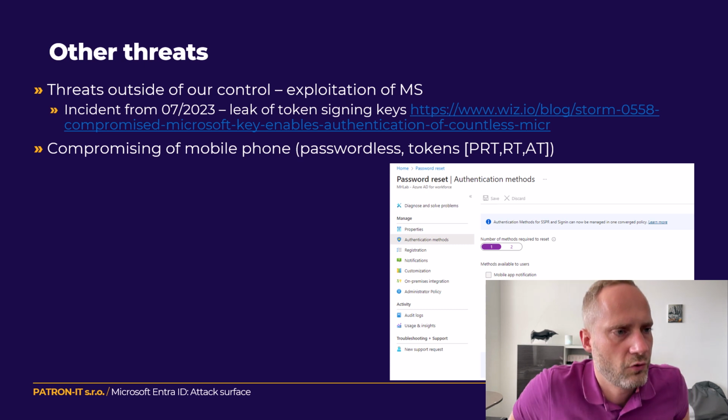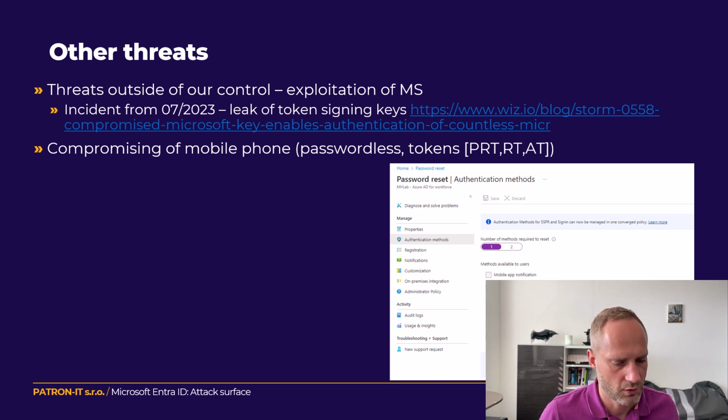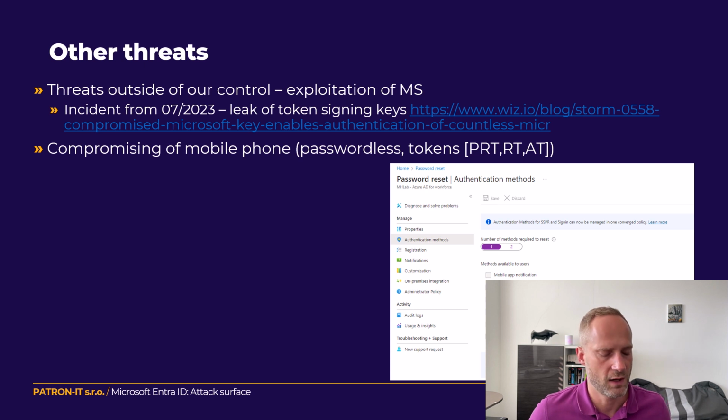Right now we also know what caused it, or how the token signing keys could leak. Microsoft says that it leaked through a crash dump which got into the work environment of Office 365, where some employee was compromised, and they were able to get that crash dump which contained the signing keys.